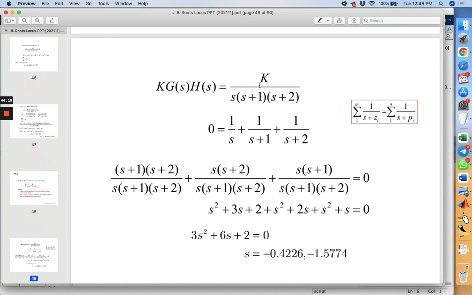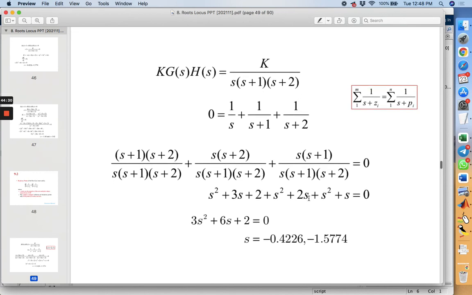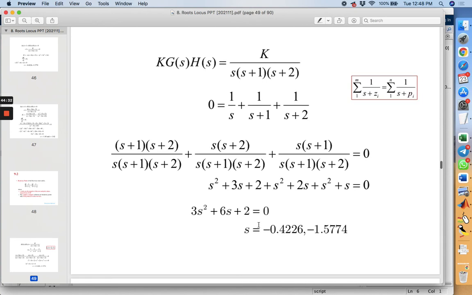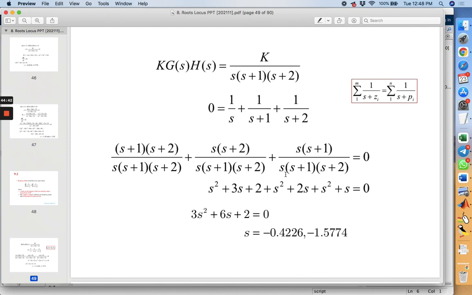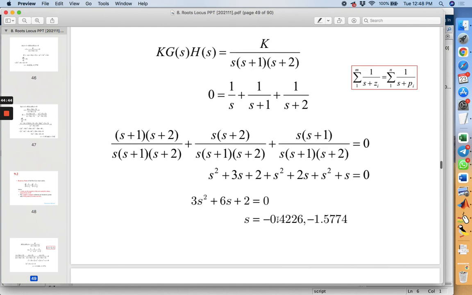In this case, we don't have any zeros, so it is 0 equals 1 over s plus 1 plus 1 over s plus 2. Then solve this equation. We get s equals negative 0.4 and s equals negative 1.5. This is the same example as in the previous property 9.1, so you can check.